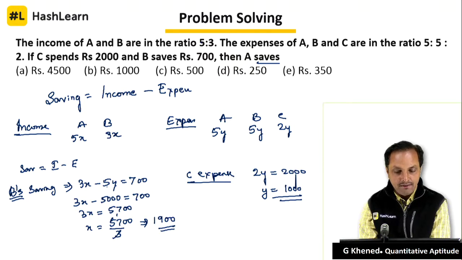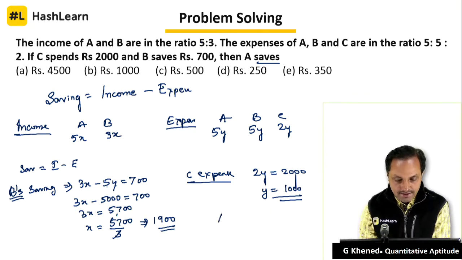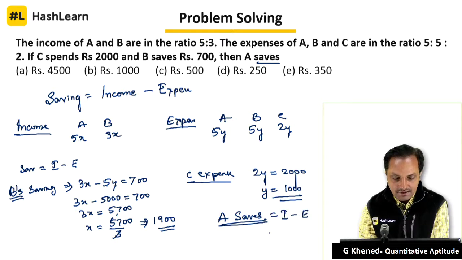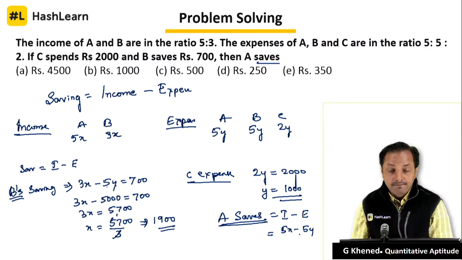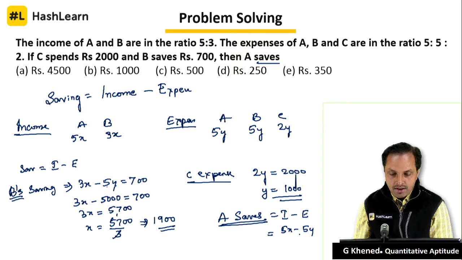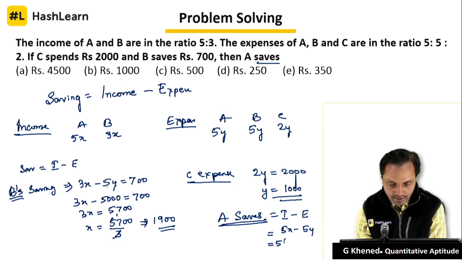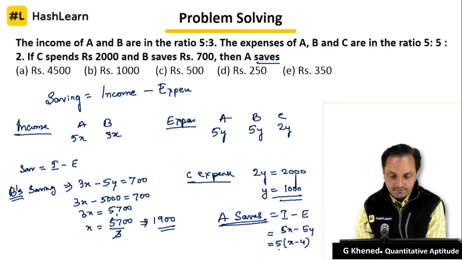Then how much is A saving? You know that A saves income minus expense. What is the income of A? 5x minus expense 5y. That will give you 5 into (x minus y). So, what is x?